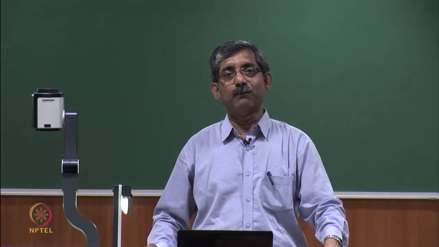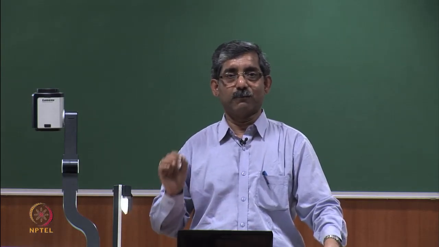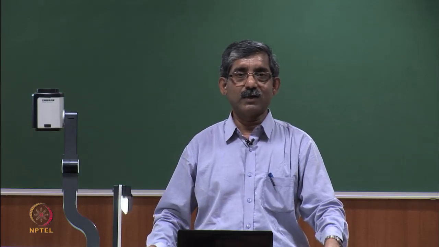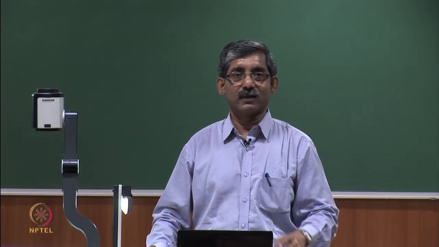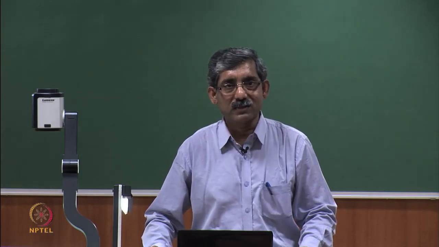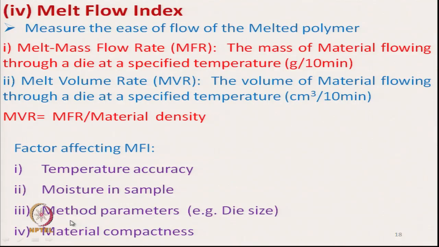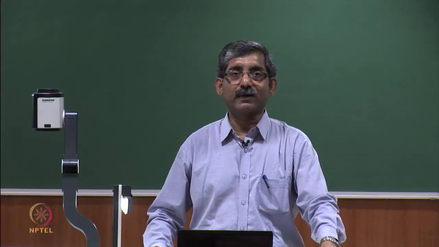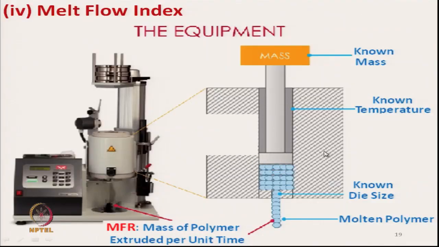So, the temperature should be maintained perfectly, otherwise we will get a wrong result. Other factors are moisture in the sample and method parameters like die size. As I have mentioned, the die size will control the quantity of material flown per unit time, and material compactness also.